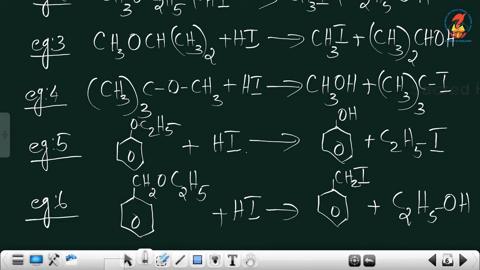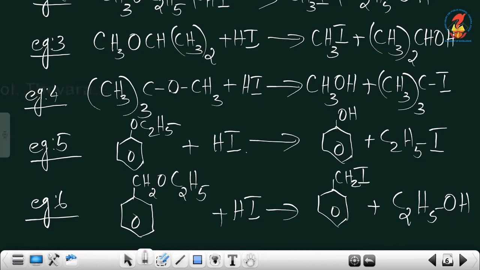It is the alkyl-oxygen bond that breaks, and we get C6H5OH, that is phenol, plus C2H5I. So with a phenolic ether, the reaction with HI always gives phenol and alkyl halide.